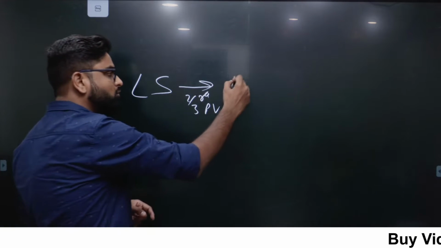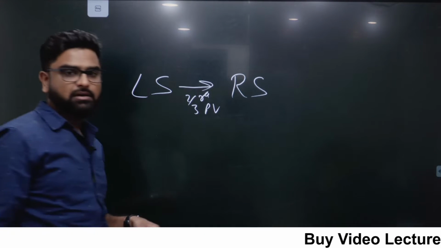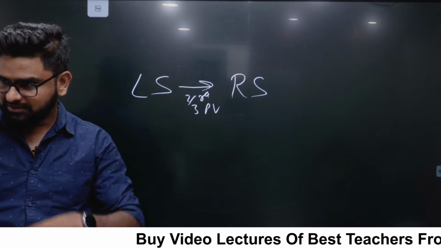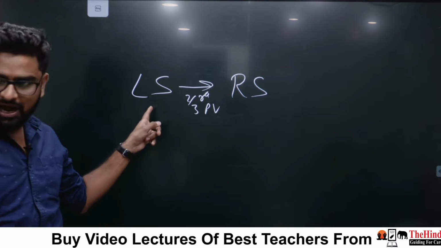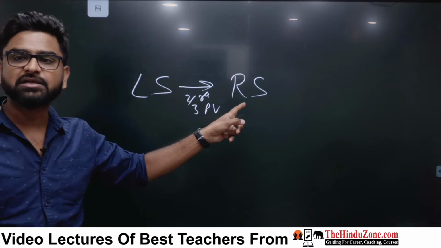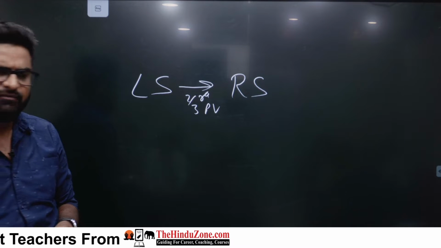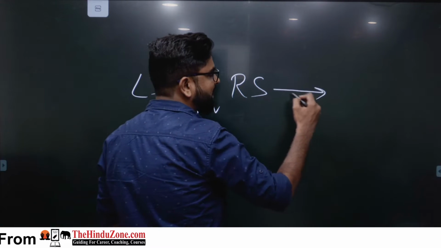Then it will go to the next house, Rajya Sabha, also known as the Council of States. The people in Rajya Sabha are the representatives of the states, the state MLAs basically. We will understand that later. So they will also pass the bill.